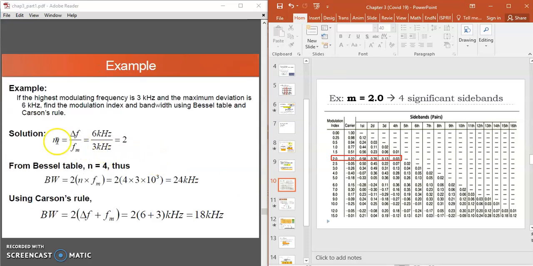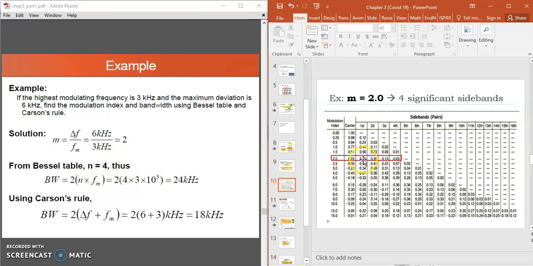This is the solution. For example, we take the highest frequency 3 kHz and the maximum deviation 60 kHz, and using this information you can find the modulation index. So you get 2. How about N? N means the number of your sidebands. Why 4?